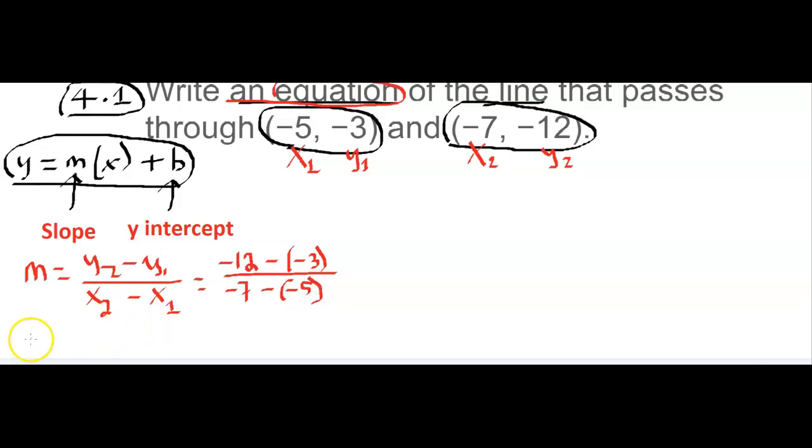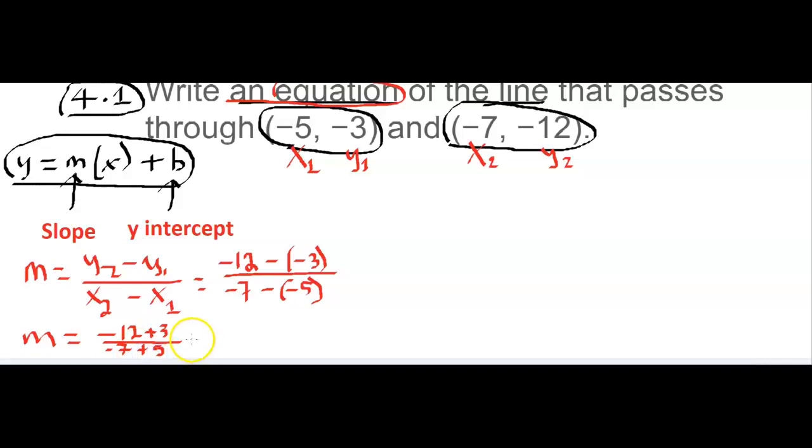Right down here, I'm going to write m equals, and let's simplify this. -12 minus -3. Remember, we're talking about -12 minus a negative, so this becomes a positive. So that becomes -12 plus 3, divided by -7. Same thing here, minus a -5 becomes a +5.